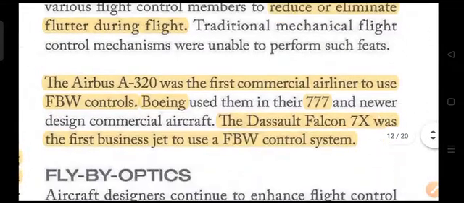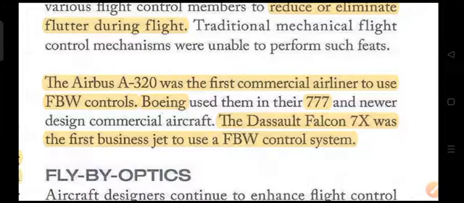The Airbus A320 family, I mean the 319 and 321 as well, was the first commercial airliner to use fly-by-wire controls normally, but as per the requirements, many modifications were done. Then Boeing used them in their 777.